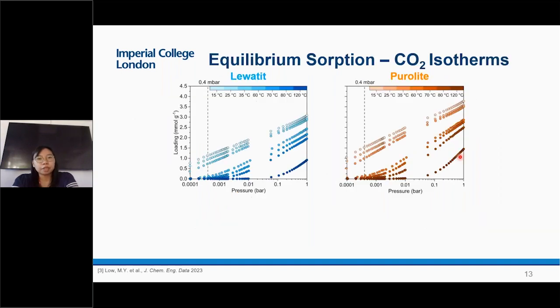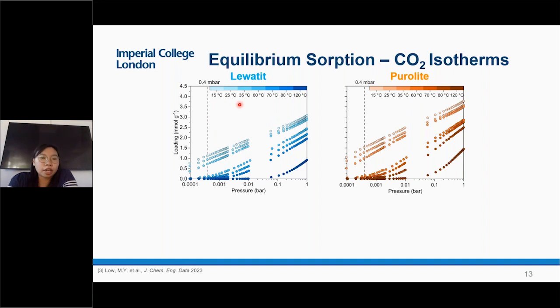So then in terms of the equilibrium adsorption investigations, here I'm showing CO2 isotherms for Lewatit and Purolite as loading as a function of pressure shown in the log scale. And you can see here I've highlighted 0.4 millibar, which is equivalent to the concentration of CO2 you'd find for direct air capture.